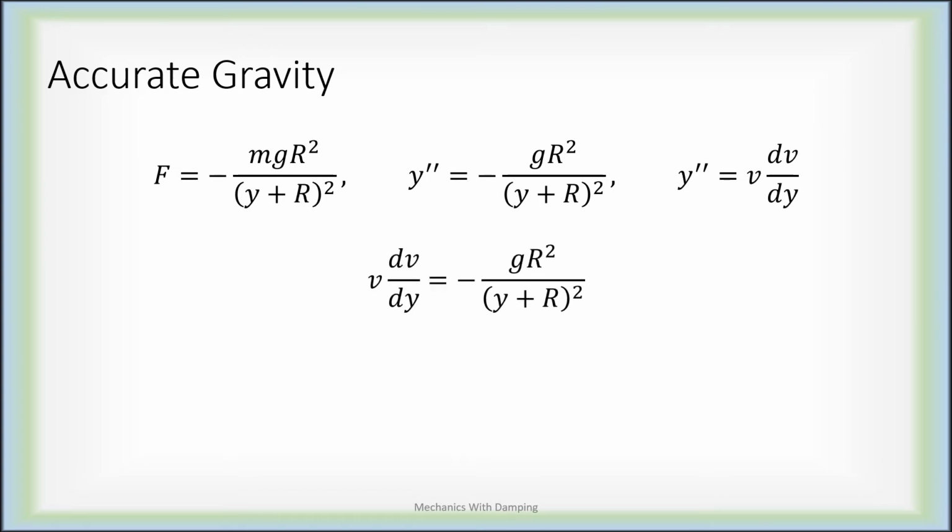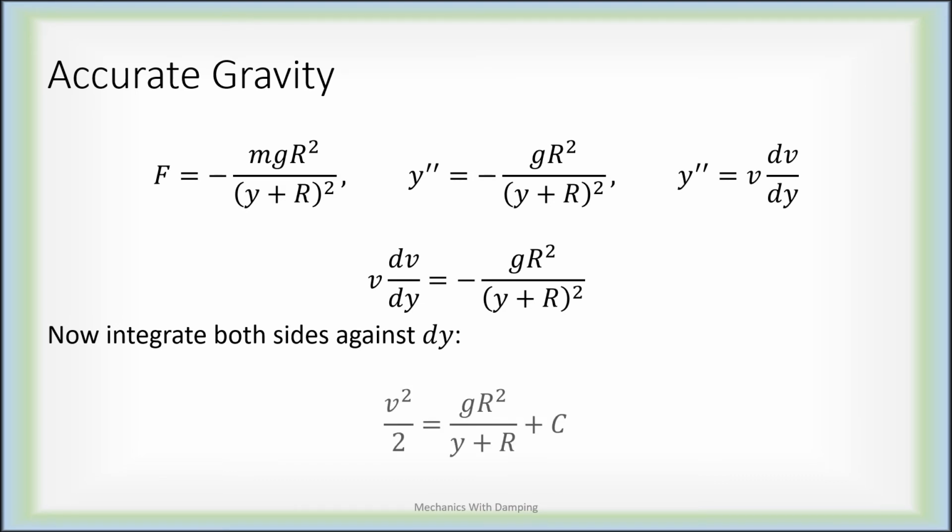So I put that in on the left, and we get v times dv/dy is negative g r squared over (y plus r) squared. We can integrate both sides against dy. On the one hand, we end up with the integral of v dv/dy, which comes out to be v squared over 2. And on the right, if I integrate against dy, we get g r squared over (y plus r), and we also have this constant of integration plus c.